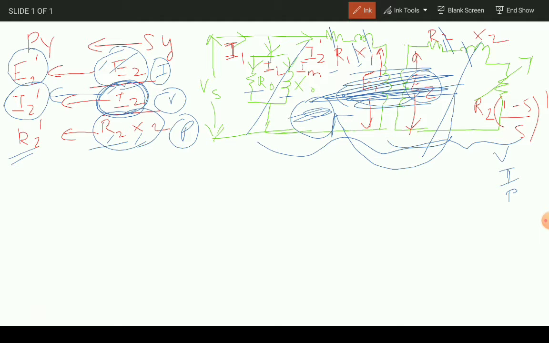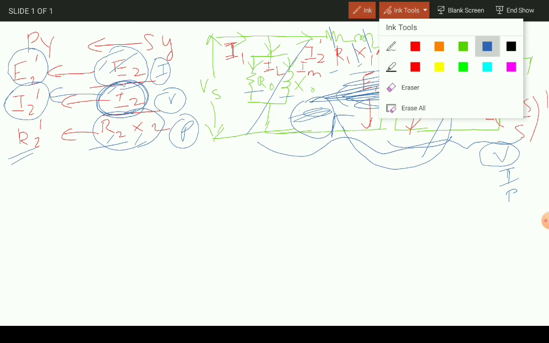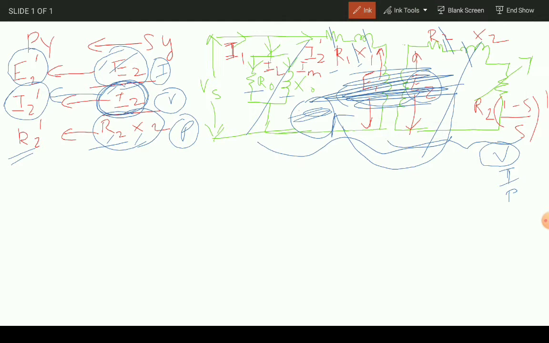So if I want to transfer the voltage from secondary to primary, for voltage I use the current equation, for current I use the voltage equation, and for elements I use the power equation. Why is that? Because voltage is equal to I into R, V equals IR.